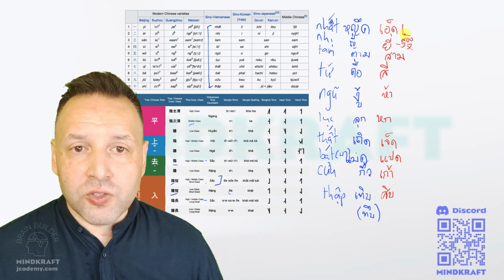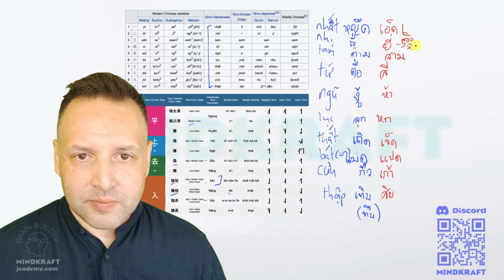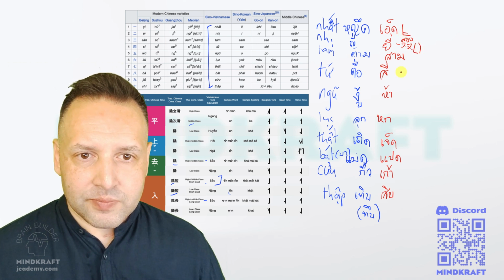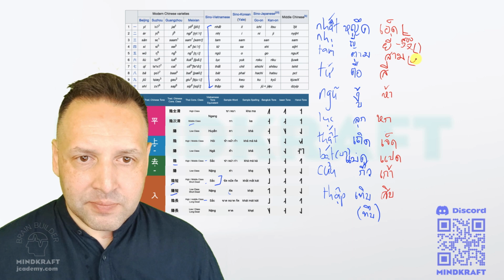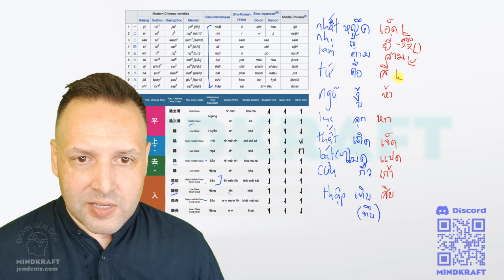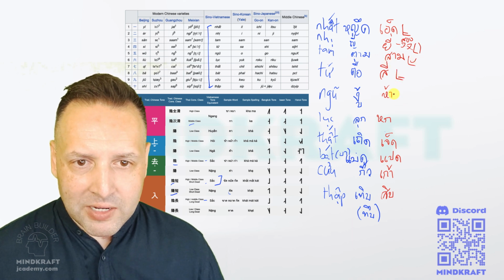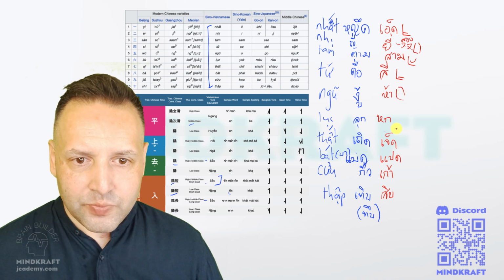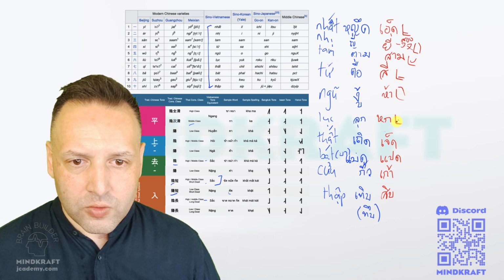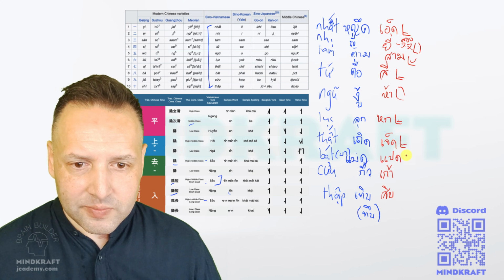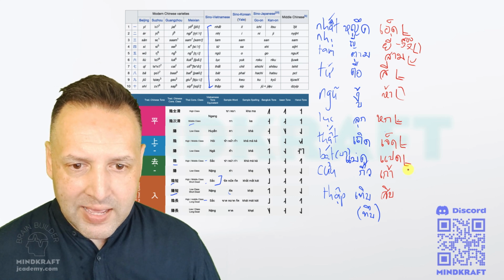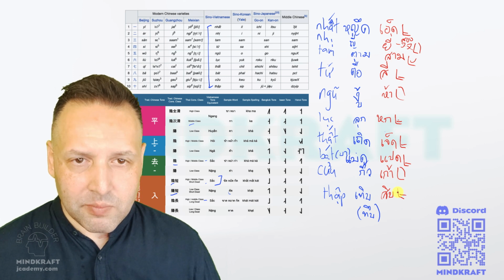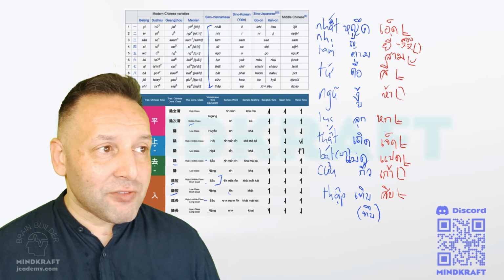So these tone contours in Thai would be 8, 20, 3, 4. Notice that's got this mai ek marker on it. 5, 6, it's low. 7, 8, 9, 10. But in Vietnamese, let's have a look at the tone markers.